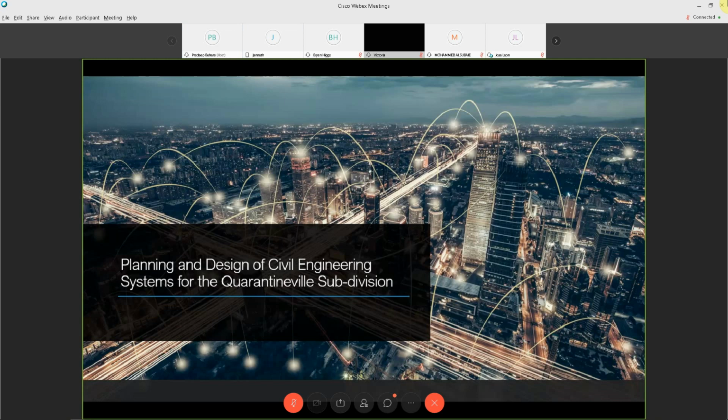The primary emphasis is placed on the thinking process in understanding the problem, the generation of planning and design alternative solutions, and the design calculations and design of the civil engineering systems.